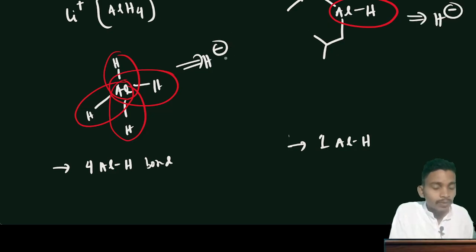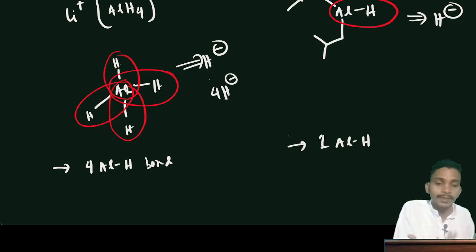This H minus will do the reactions. The H minus we get from these 4 Al-H bonds means 4 H minus are available here, but in DIBAL-H the availability of H minus is only 1. So this is the basic difference between DIBAL-H and lithium aluminum hydride.